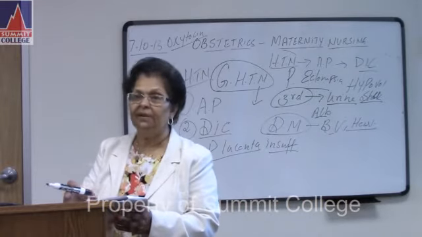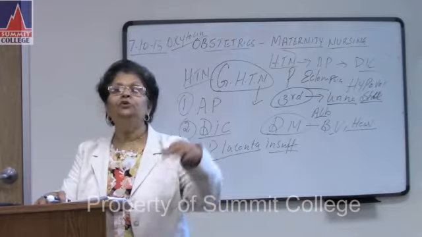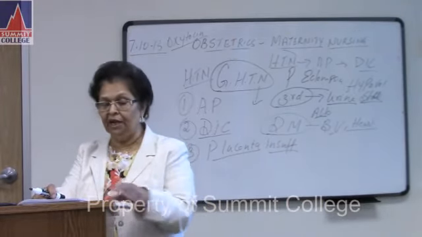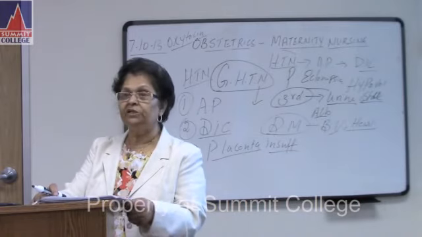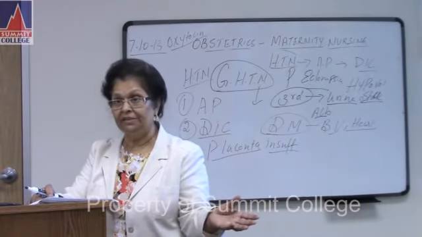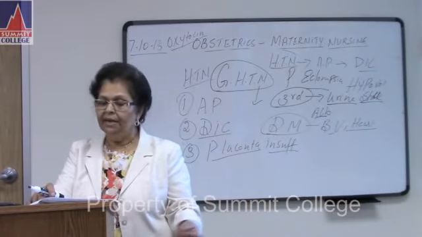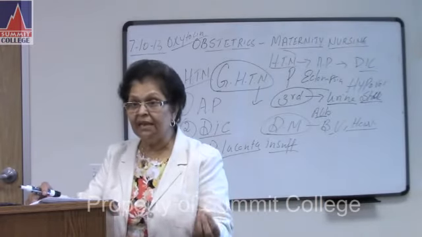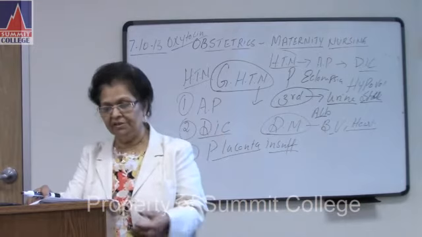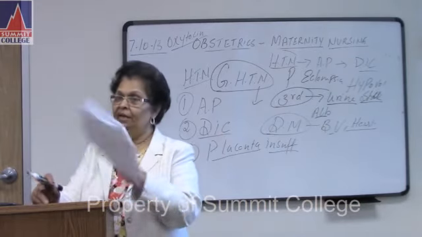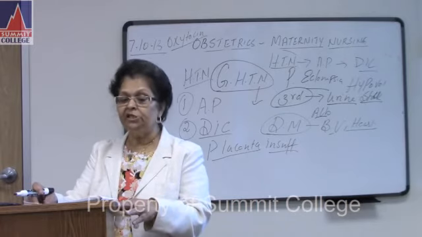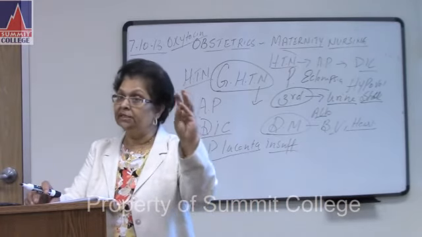So remember, it is not only how we know, but remember hypertension: which are the high-risk mothers, and what you monitor if the mother has preeclampsia. These are the complications: abruptio placenta, number one, bleeding; number two, DIC; number three, placental insufficiency. And what do we do here? Give magnesium sulfate for the seizure and monitor three things.